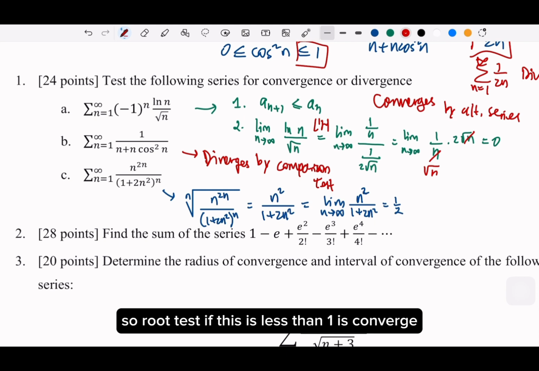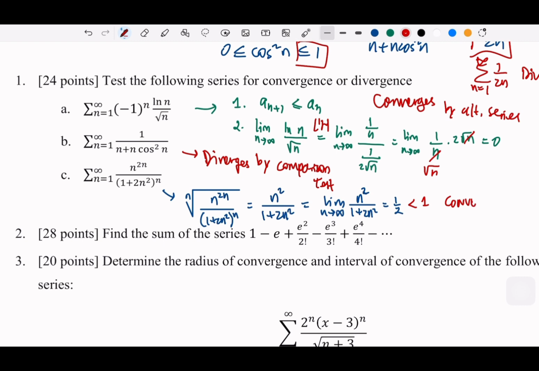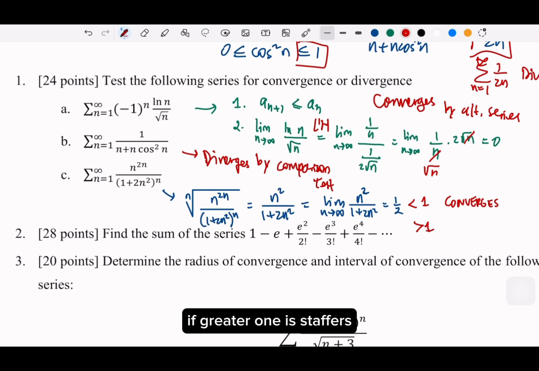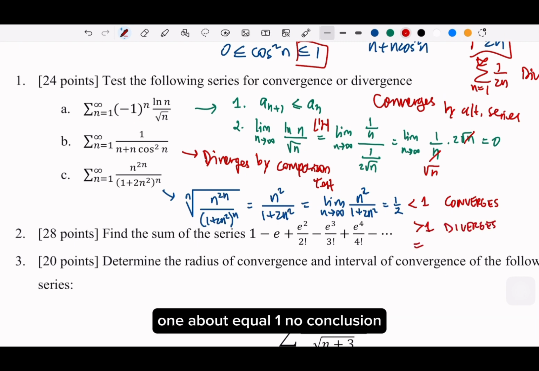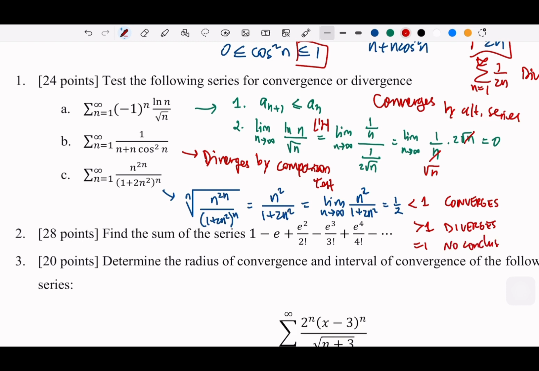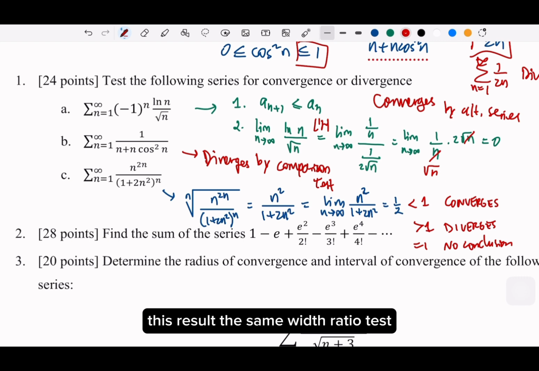Okay, for the root test, if this is less than 1, it converges. If greater than 1, it diverges. What about equal to 1? No conclusion. This result is the same as the ratio test, which you are going to use in number 3. Okay?